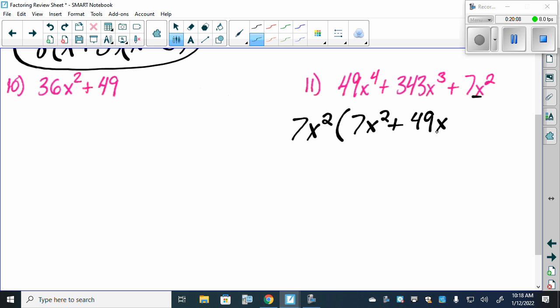Plus 1. 7x squared divided by 7x squared would be 1. Whenever something factors out completely, the only thing we have left is 1. And that is it.